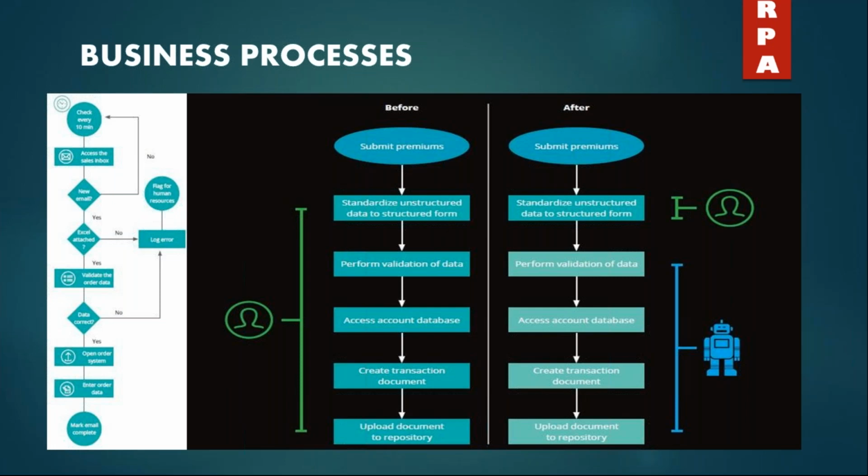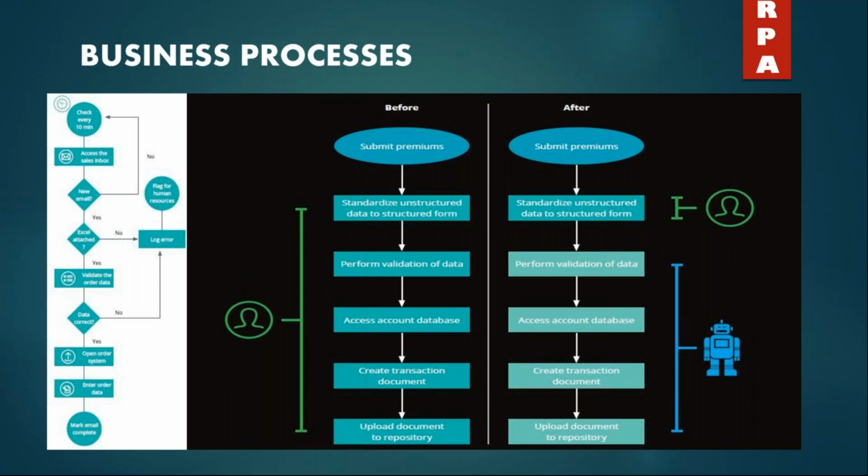The first two steps are executed manually because there is some human decision making. Suppose, for example, the initial step is submit premiums. In the first step, they need to decide whether to submit premiums or not. For a few of the policy holders, they need to check, verify, and take a decision manually.